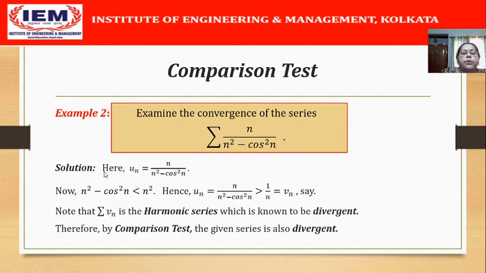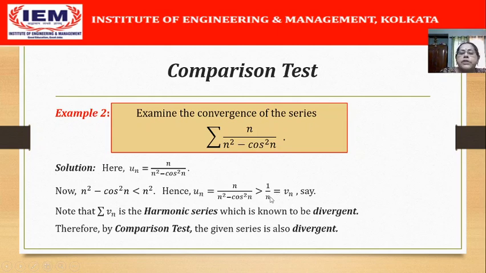So if we reciprocate, 1 by n square minus cos square n will be greater than 1 by n square. Now if we multiply with the n on both sides, n by n square minus cos square n will be greater than 1 by n. And this is nothing but our un, and this one only let us call as Vn.